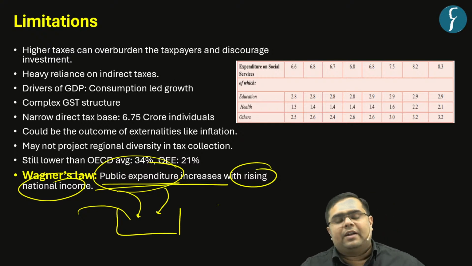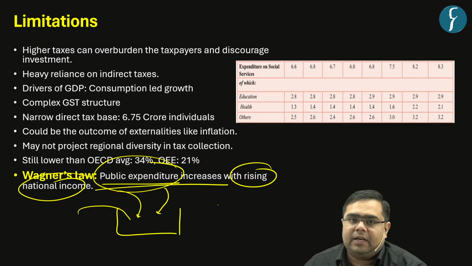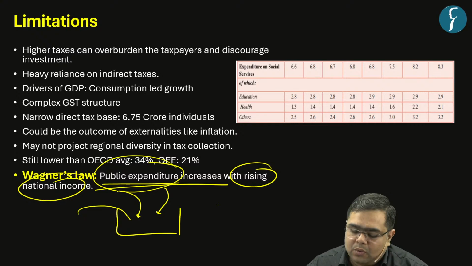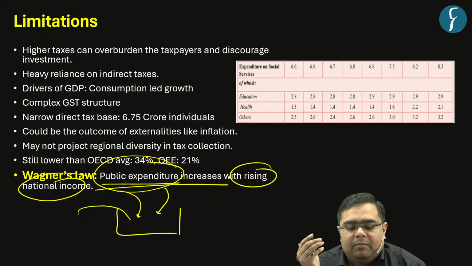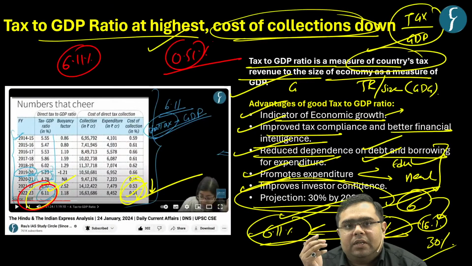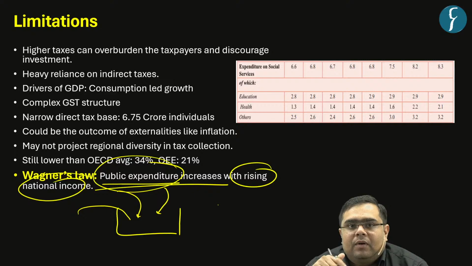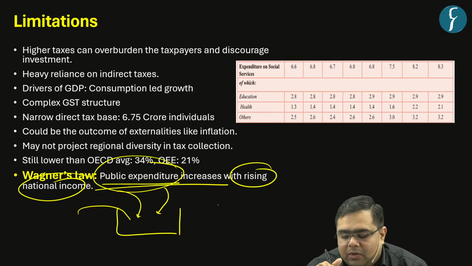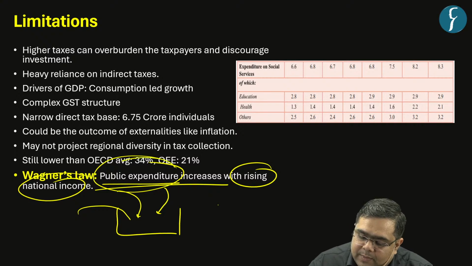So when our national income increases, it naturally leads to increased public expenditure. Because our tax to GDP ratio is increasing, that means our taxation capabilities are increasing, that means we are getting more and more taxes, right? So it should naturally lead to increased public expenditure.